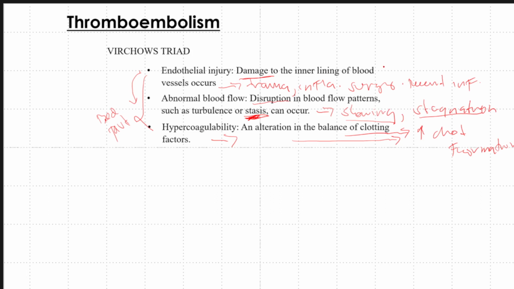And after there is stasis, when the patient's blood is in stagnation, there is hypercoagulability. Nangyayari yan when there is stasis in a particular part of the body. It increases the chances of clotting in that particular locale in the body.